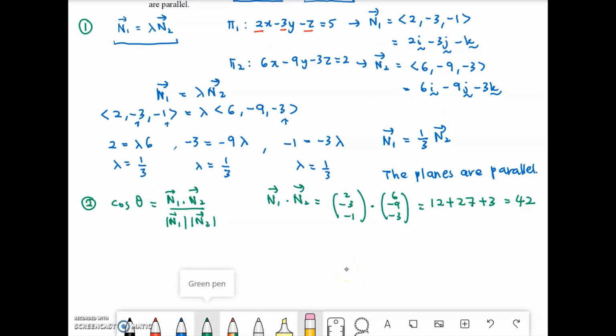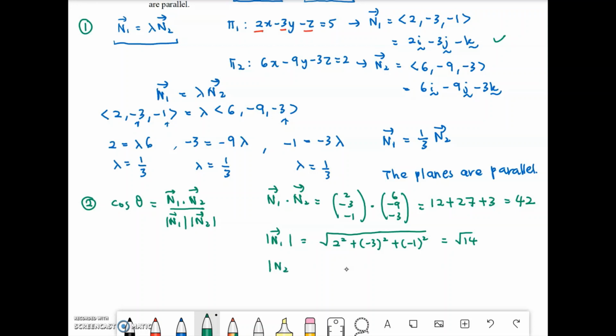Then we find the magnitude of n1 and n2. The magnitude of n1 is the square root of 2 square plus negative 3 square plus negative 1 square, which is root 14, and the magnitude of n2 is the square root of 6 square plus negative 9 square plus negative 3 square, which is root 126.